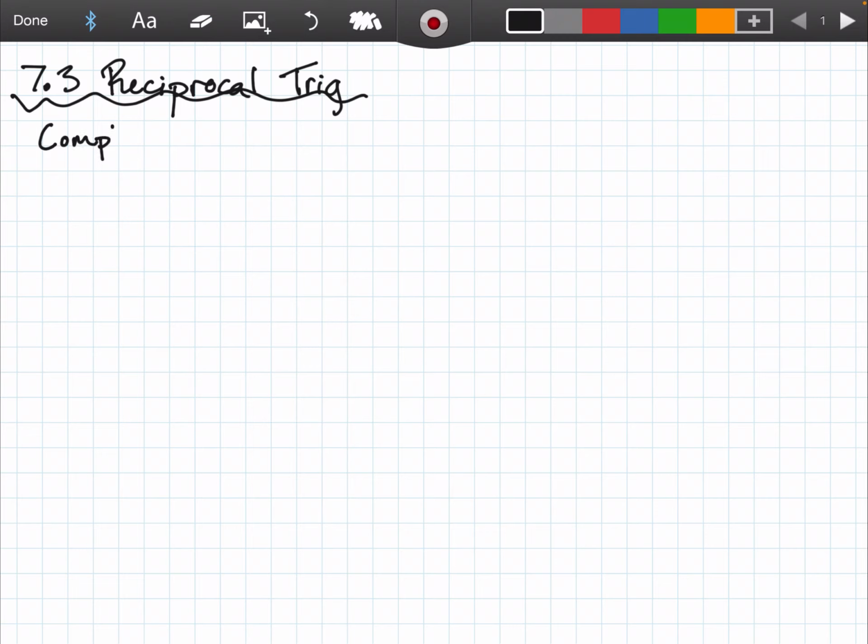the idea of the complementary identity. Okay, this will be best illustrated through an example.